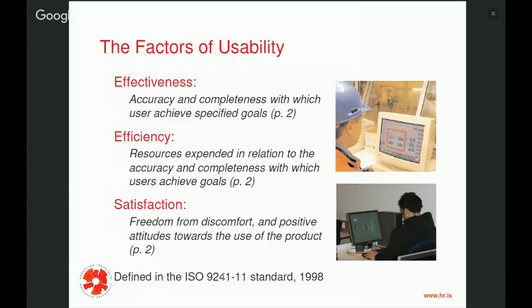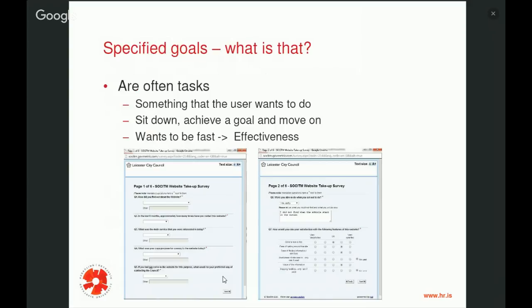You typically ask people to do something and you observe them, and you maybe measure the time from when he got the task to when he said, I'm finished now. And then after solving some tasks, you often have a questionnaire asking them about the satisfaction with the whole system. So this is typically done in usability testing with users.